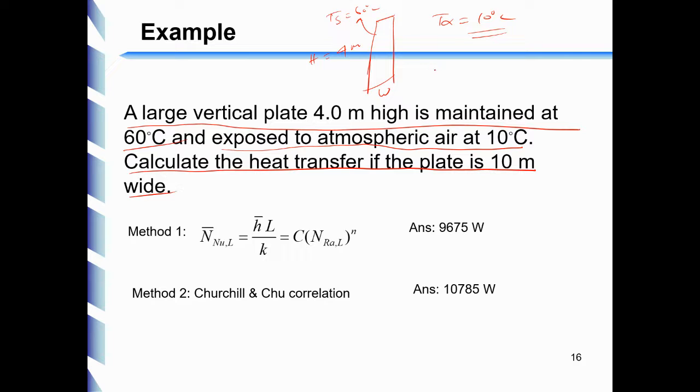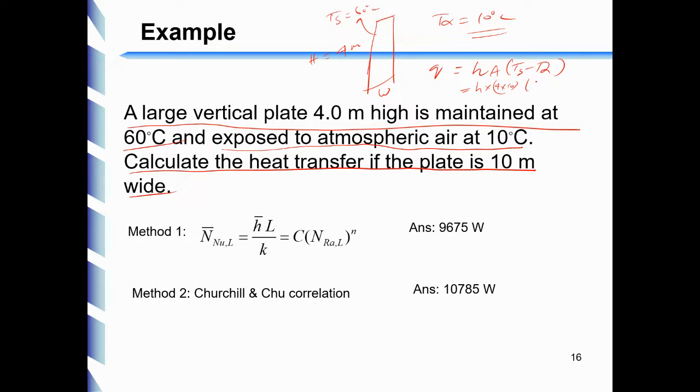The heat transfer Q equals h A (Ts minus T infinity). So we know the A, 4 into 10, right?